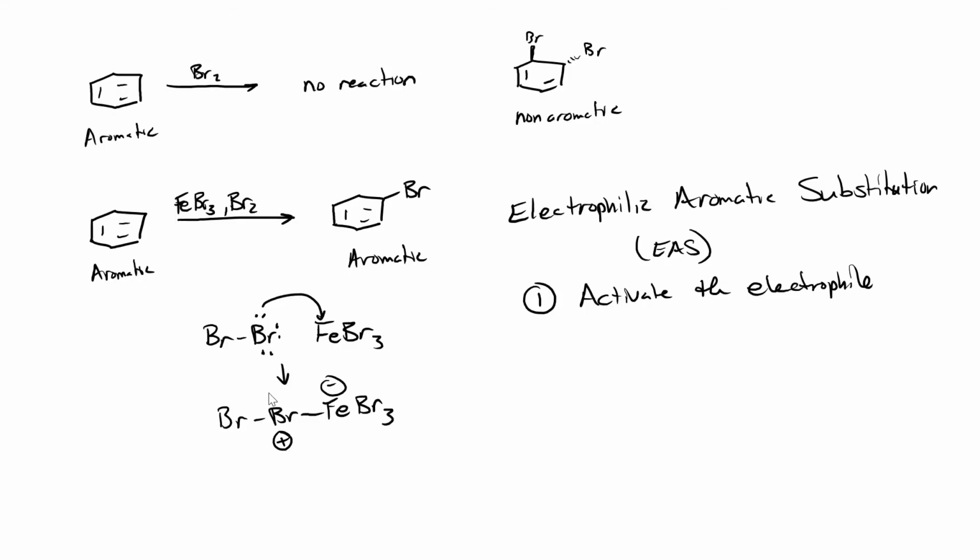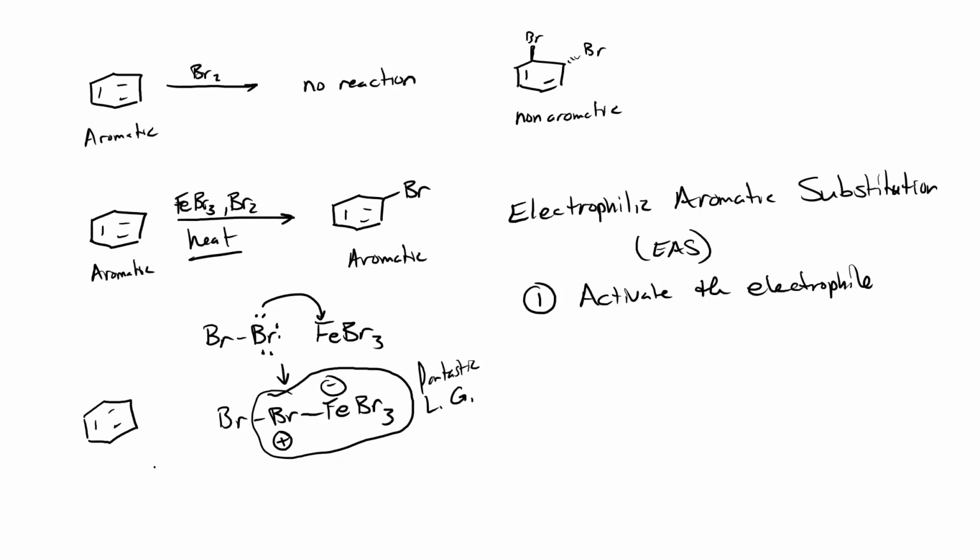It's a really great leaving group. Bromine doesn't like to have positive charge on it. And so, of course, what we've done is we've made a fantastic leaving group. This whole thing over here is a really great leaving group. And what that means is that now this bromine is ready to be attacked by a nucleophile.